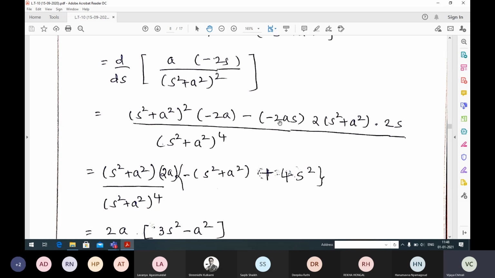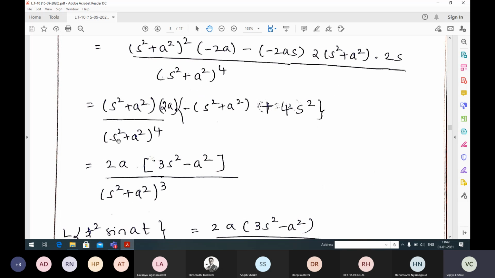And with 2a outside, what is left? 2 into 2s is 4s, and the minus s gives minus s into 2 into 2s, which is minus 4s square. With our negative sign, minus into minus is plus 4s square.